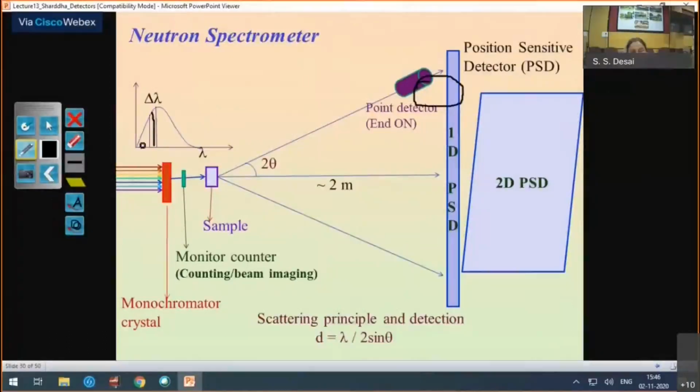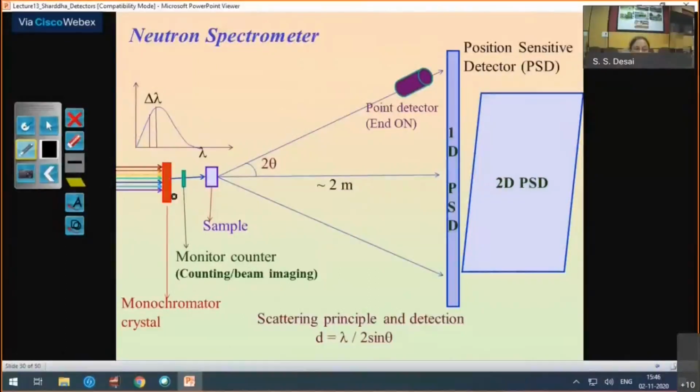So here you can see that at the first stage of monochromatization itself, we are having a considerable reduction in neutron intensity. But this is useful for giving a very good resolution at the output.